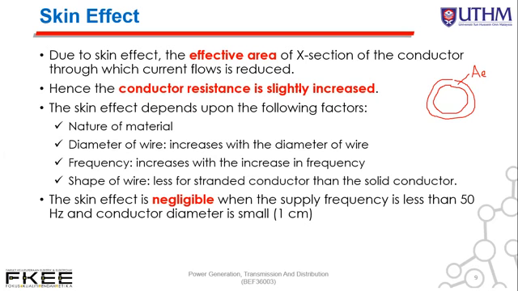So the conductor resistance slightly increases. Reducing the effective area will increase the resistance, and when resistance is increased, the copper loss, that is I²R, also increases.